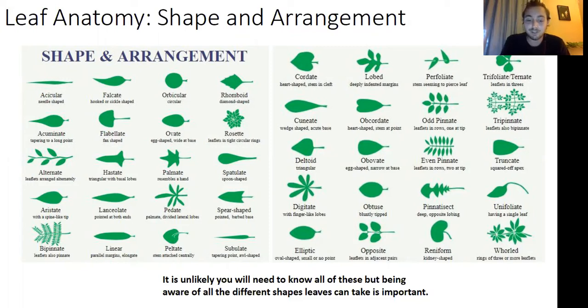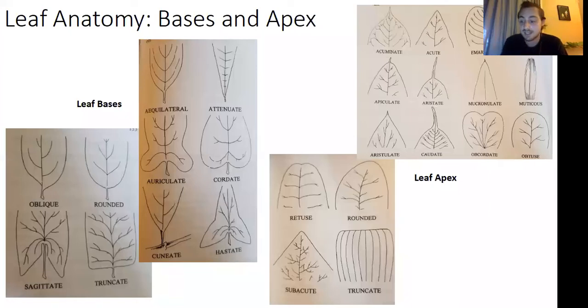So we'll move on from our shape and arrangement and look into some more specific features of our leaves, starting with its bases and apex, so the tip of the leaf. Again, you will most likely not need to know all of these, but for our bases, it is important to highlight oblique, which just means that one base of the leaf extends further than the other.